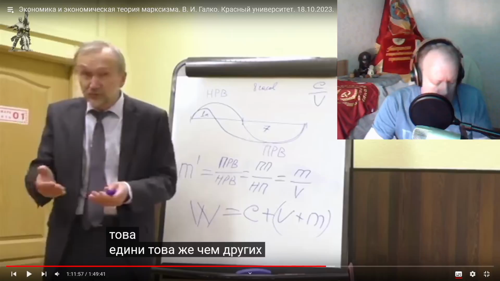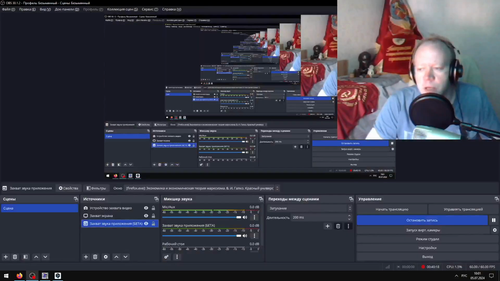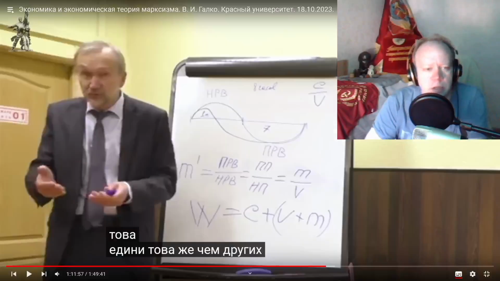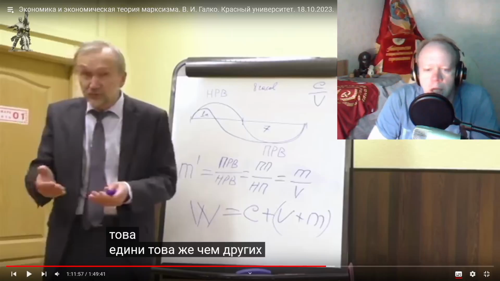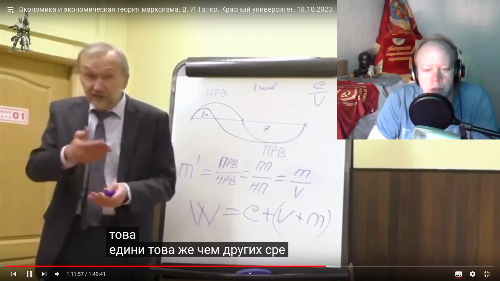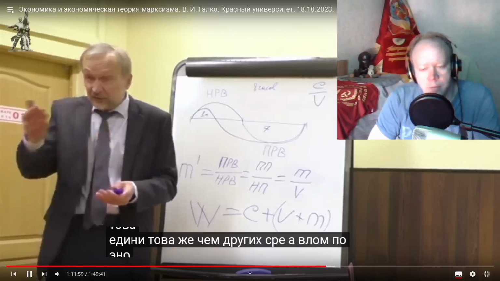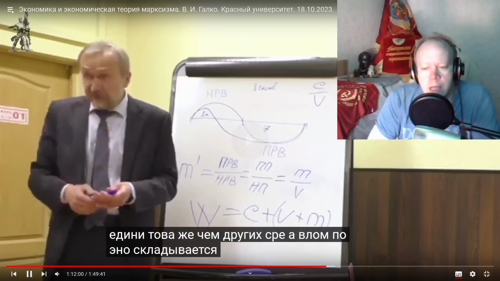So they get temporary advantages, those capitalists that use better tools, because the cost of a unit of a commodity is lower than the average of the other capitalists.